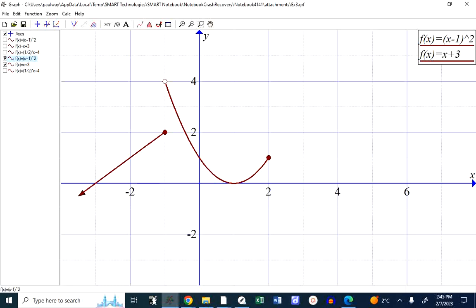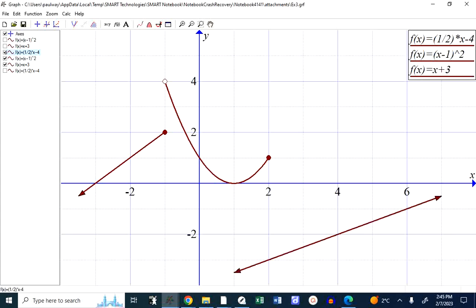The final part of the function is 1/2 x minus 4, which is a linear function. Again, this isn't about you learning how to graph these because you need to do it on an assignment or a quiz. It's about understanding how to read graphs based on limits that are from the left or the right.